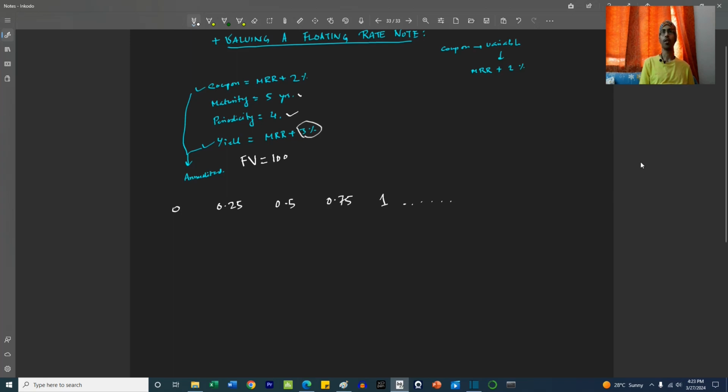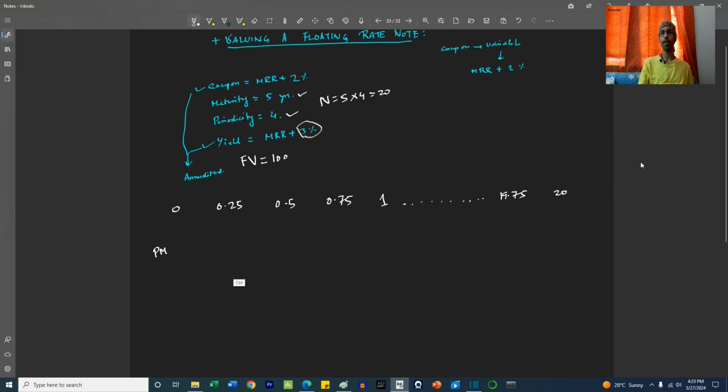If the maturity is 5 and the periodicity is 4, then n is equal to 5 into 4, which is equal to 20. So there will be 20 periods like this, 19.75, 20.